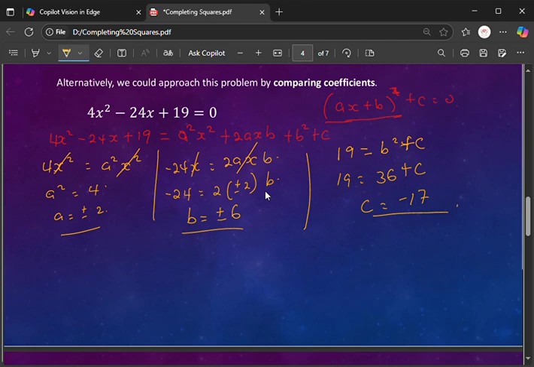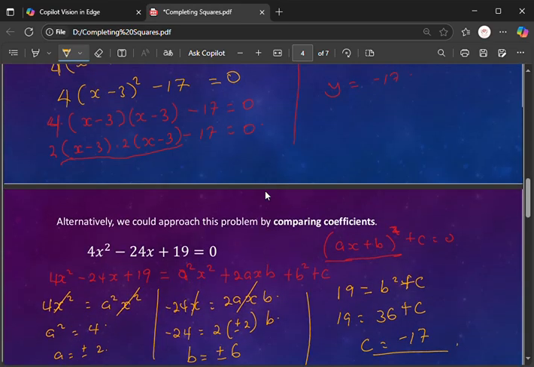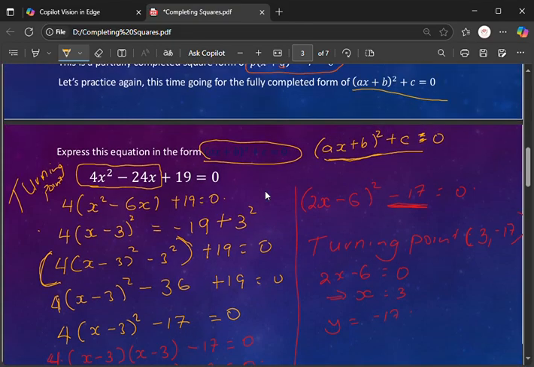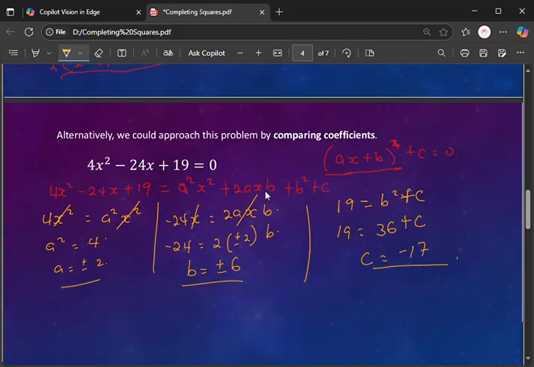And now that we have the values of a, b, and c, actually this can also work if we are asked to find the turning point. You can start by getting the values of a, b, and c, and then we can bring them in and say a is plus or minus 2. So we just say 2x minus b. b here is plus 6, so you can say minus plus 6, and then c is negative 17 equals 0.